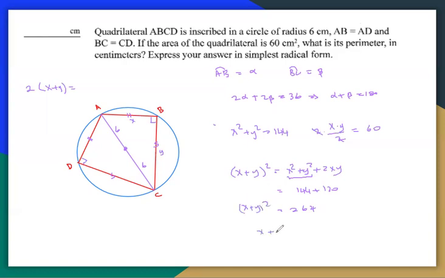If I take the square root, this is divisible by 4. If I divide this by 4, you get 132. Half will be 66, which means 4 times 66. If I take the square root, it is 2 root 66. I don't want to go ahead and type that because this is what I want. So X plus Y is this, which means we double that number: 4 root 66.